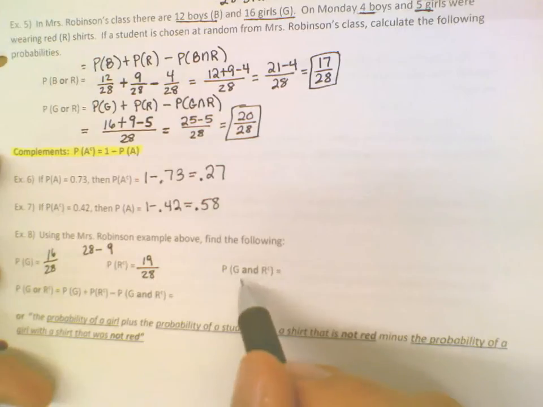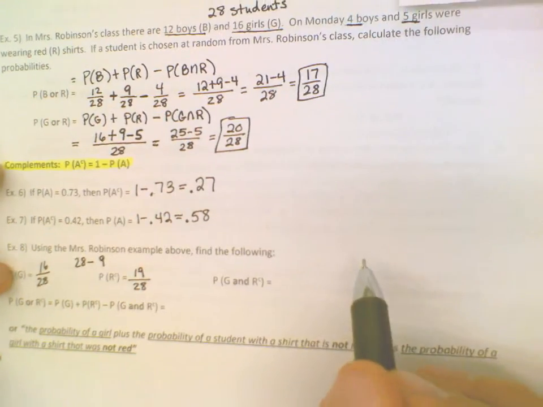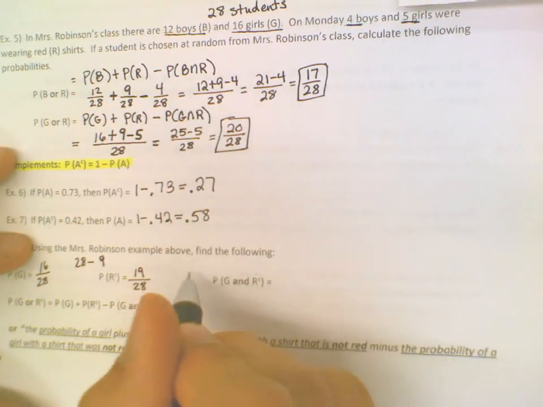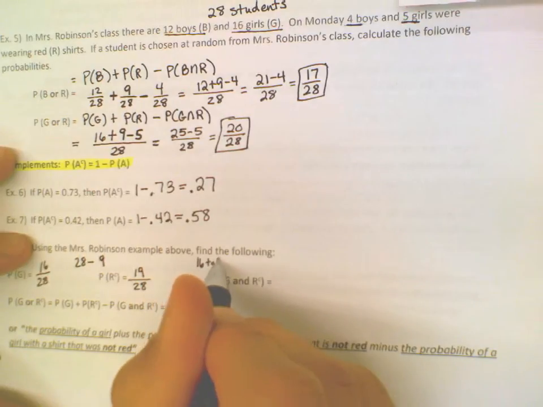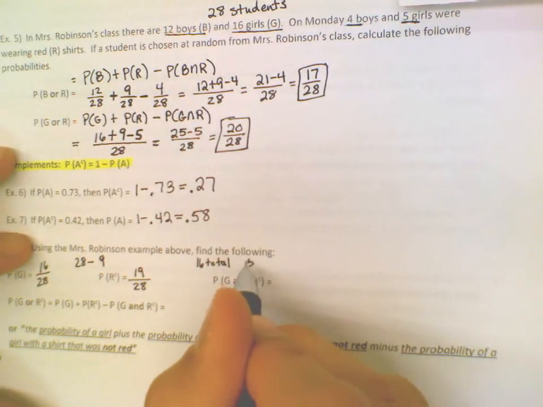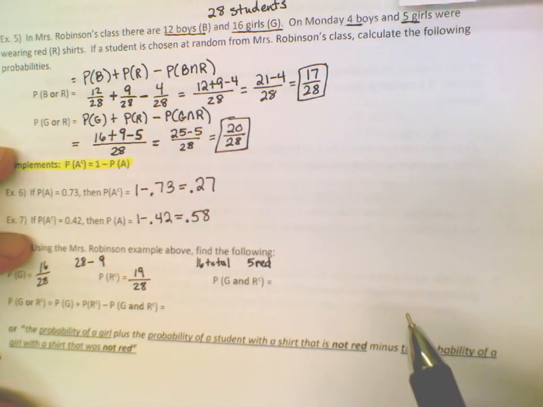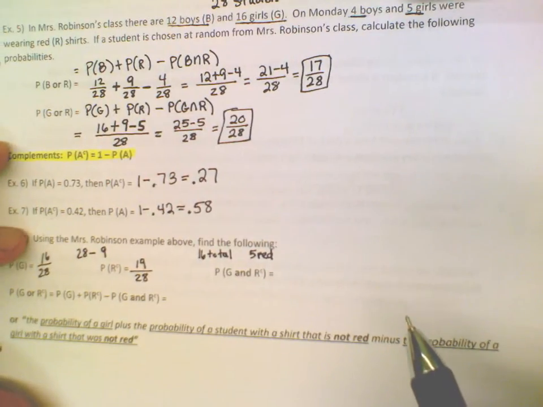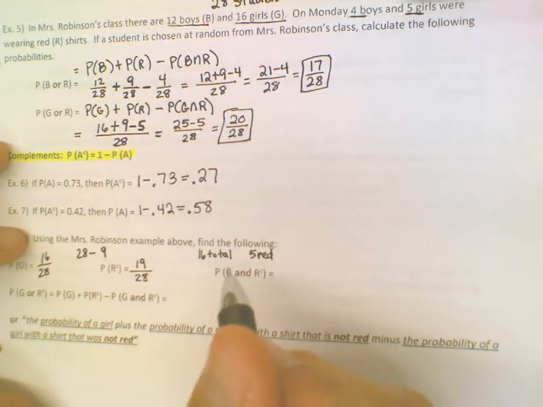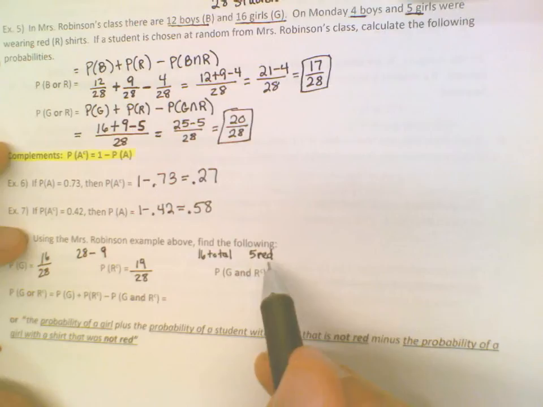All right, so now the probability that you got girls and not wearing red shirts. Wait a second. If you have 16 total girls, and 5 girls were wearing red shirts, how many were not wearing red shirts? 16 total, 5 red shirts.